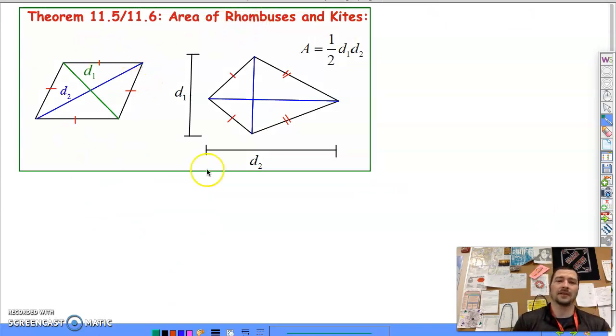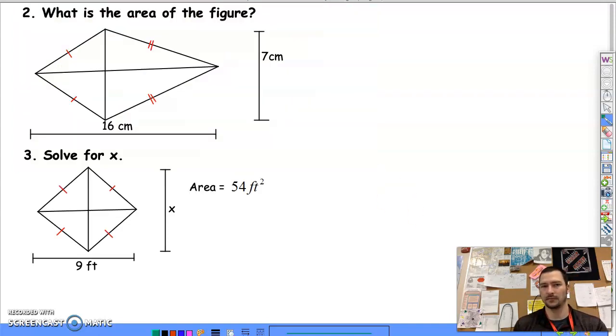They have the same formula, which is 1/2 diagonal 1 times diagonal 2. D stands for diagonals here. Either one, rhombus or kite, same formula: take 1/2 times D1 times D2. So you're multiplying the diagonals times 1/2. For example, here we have a kite.